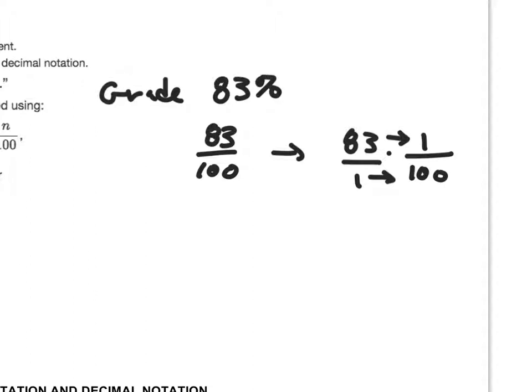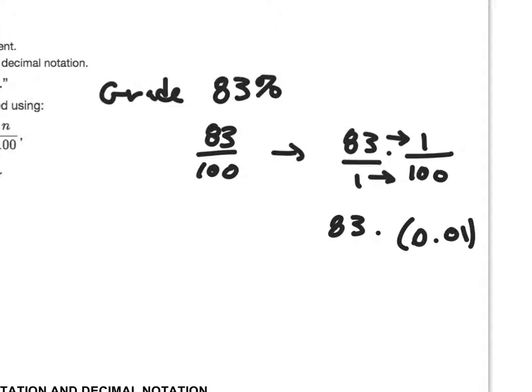Then I could say 1 over 100 is really just 0.01. So I could say 83 times 0.01.